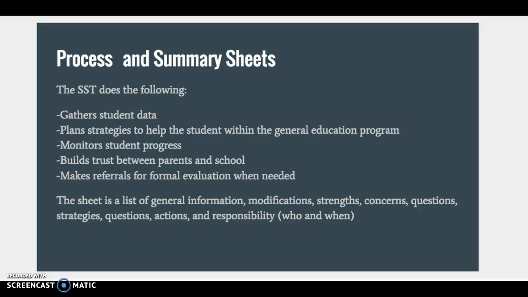And the summary sheet is a list of general information, modifications, strengths, concerns, questions about the student, strategies to help the student, actions of the teacher and the responsibility of who's going to take responsibility for the child's success or failure, and when certain academic goals are going to be met.